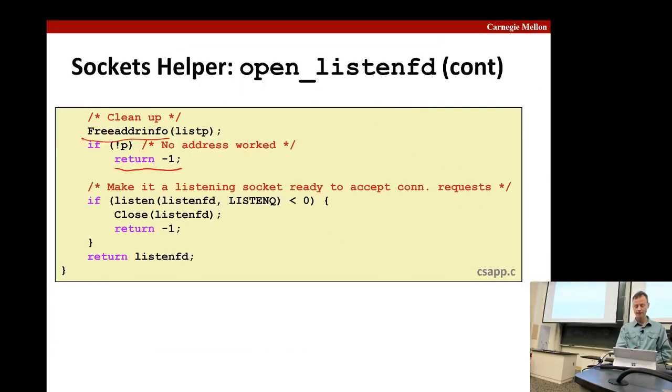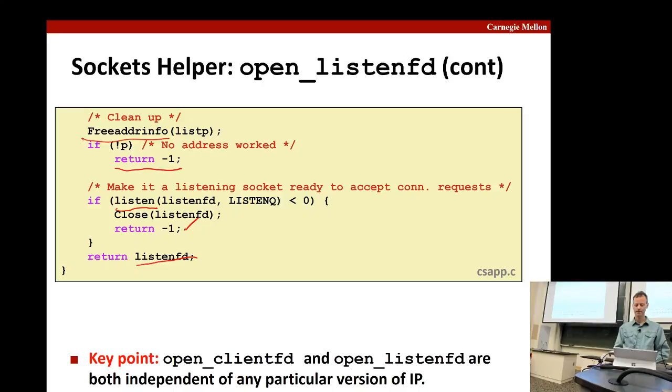We found something, so let's call listen. And if the call to listen fails, then we close it and return an error. Otherwise, we return the file descriptor that's successfully all good to go.